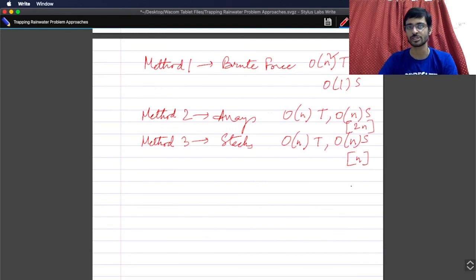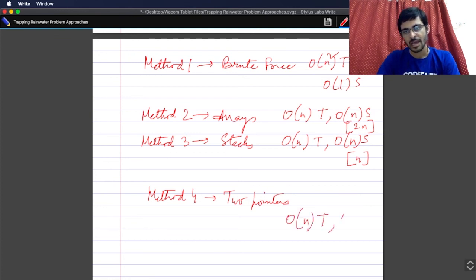It is not always reaching n, okay? But we can easily form an example, but if you look at the average thing, it will not be always n. Method 4 is using 2 pointers, which is the best approach, and by now I hope you are convinced why it is the best approach. We are taking order n time and order 1 space.